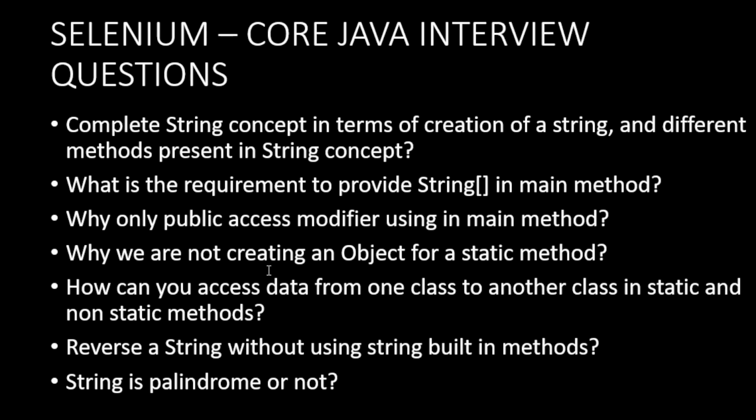Also, the static variable and static method get memory only once in the class area, at the time of class loading. These static variables and static methods get memory only when the class is loaded. But for non-static methods, at the time of creation of objects, the complete data is stored into the heap memory area.